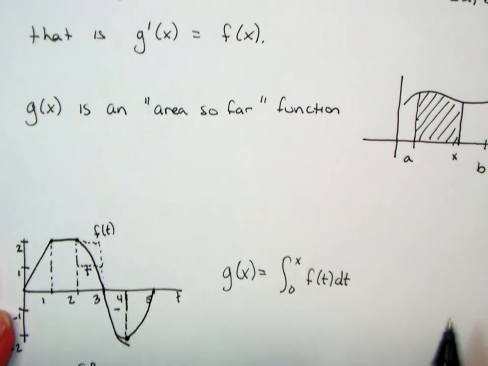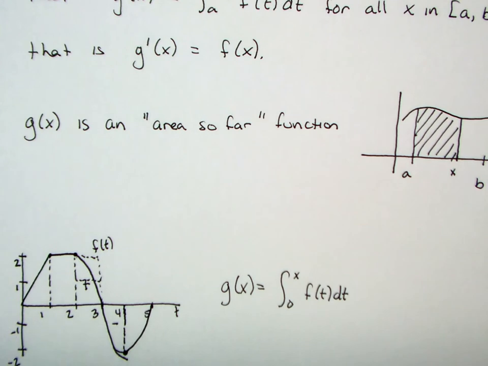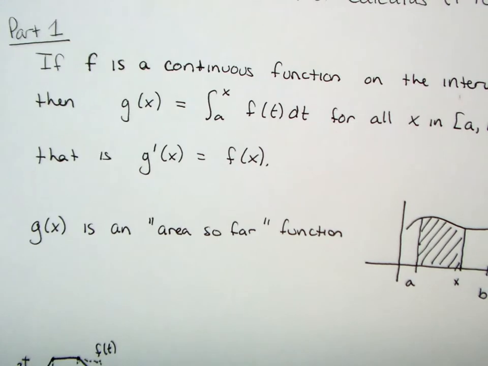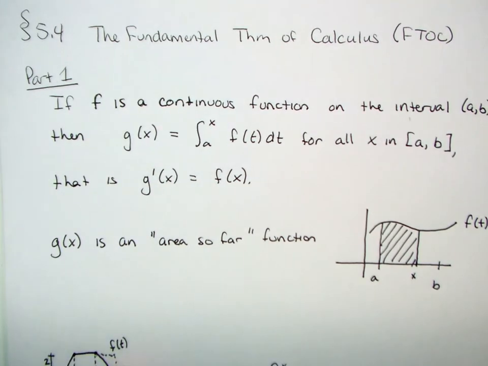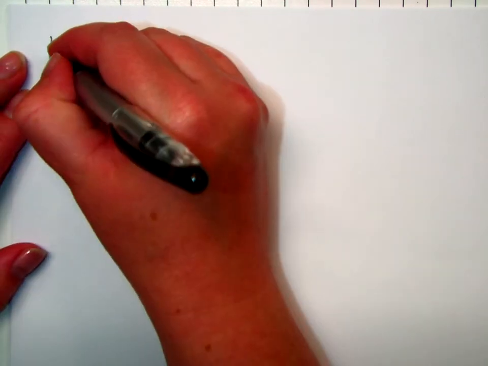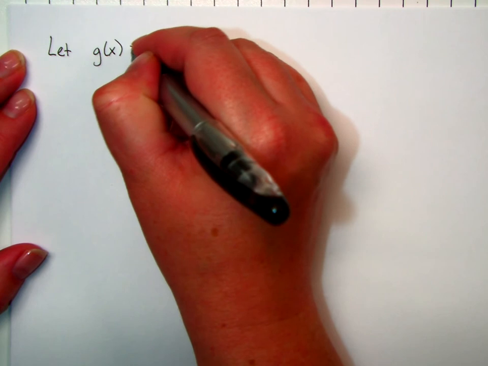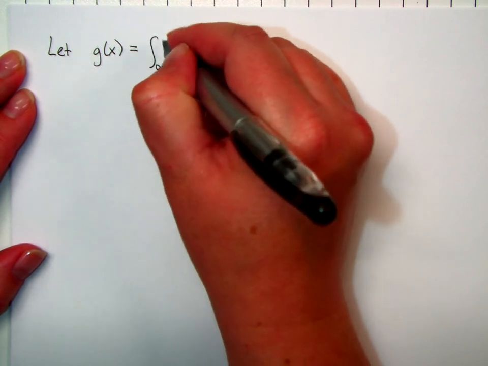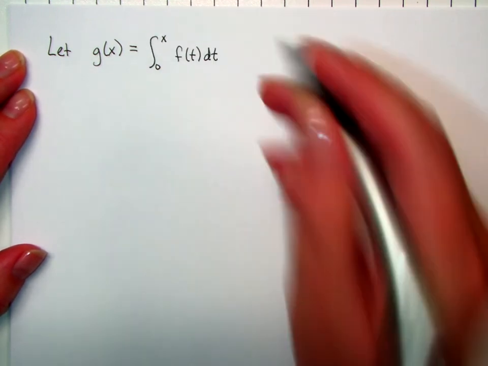So let's go ahead and talk about why g prime of x is equal to f of x. Just a little semi-quasi proof for you here. So let's let g of x be the integral from 0 to x of f of t dt.